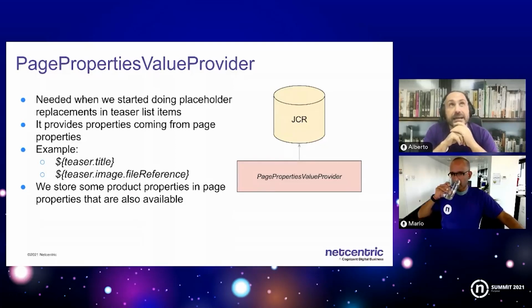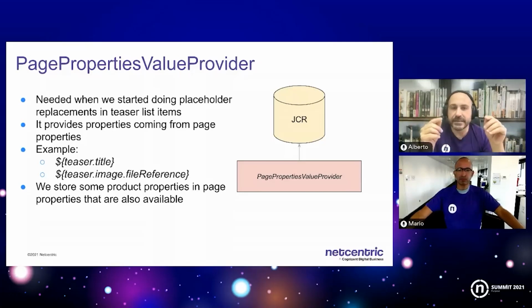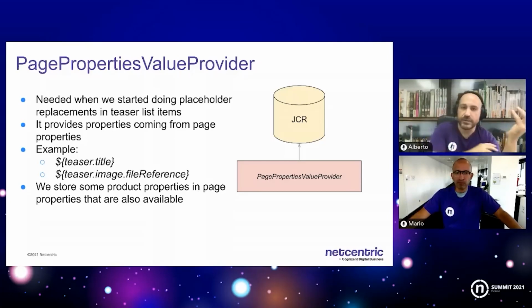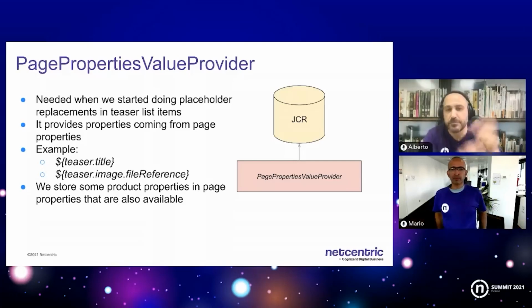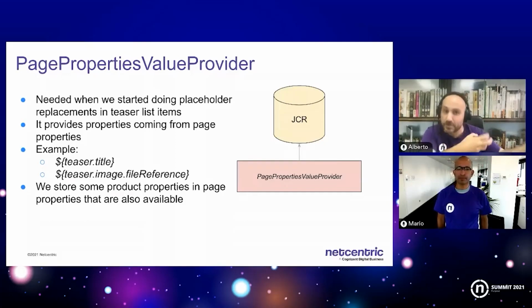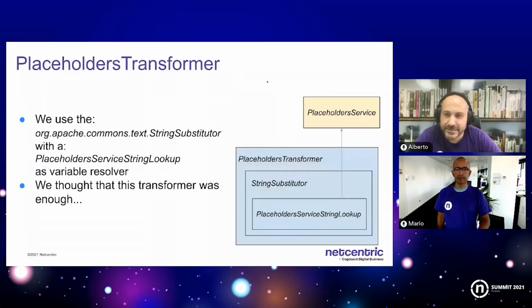And as we have some brands that don't have a theme at the moment, we also have a tab in page properties with product attributes or product properties. So this page property value provider also exposes those product properties in the page properties like attributes. And next slide, please.